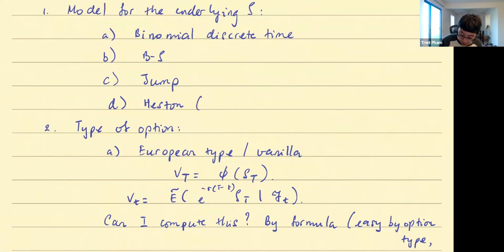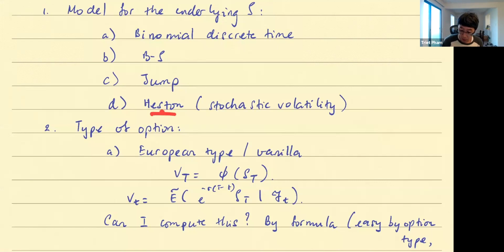Heston basically is the so-called stochastic volatility model. It addresses the issue of the sigma being constant in the Black-Scholes model. Because with the volatility smile, you see that the volatility is not a constant at all.